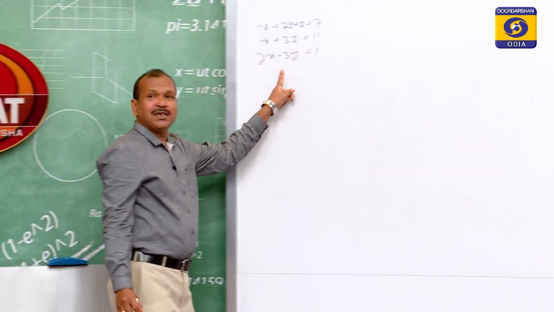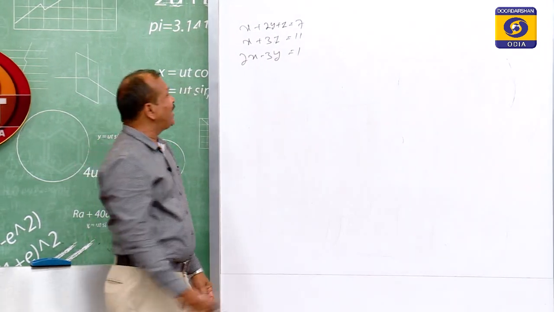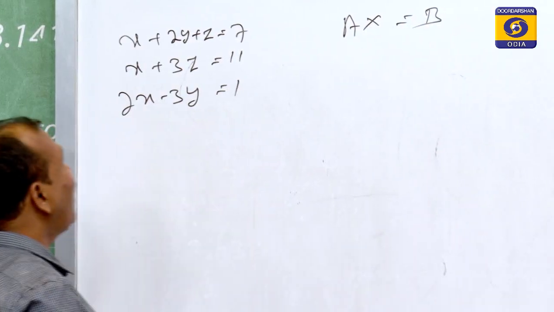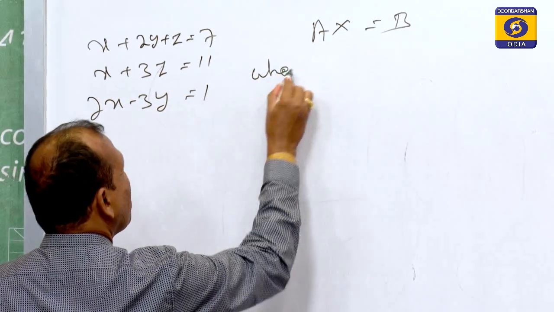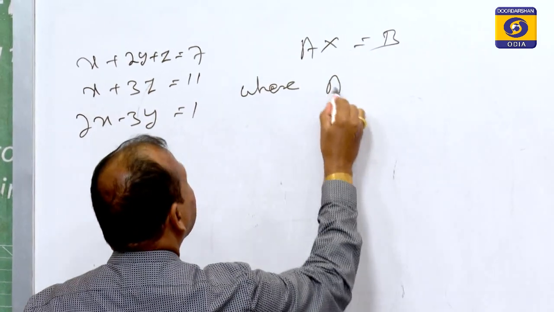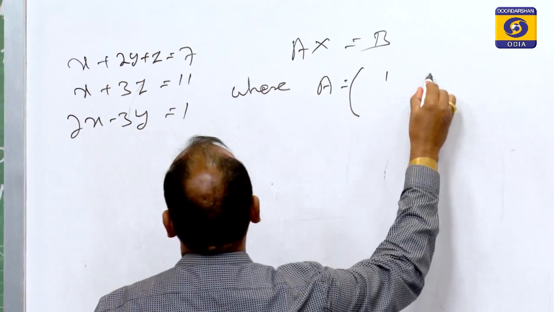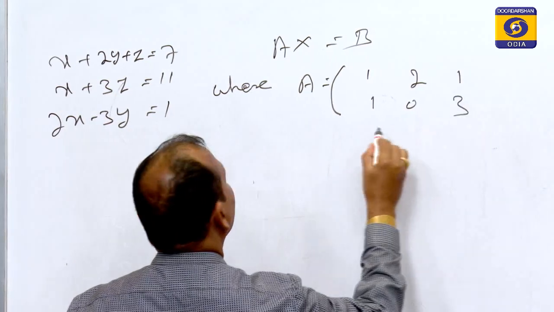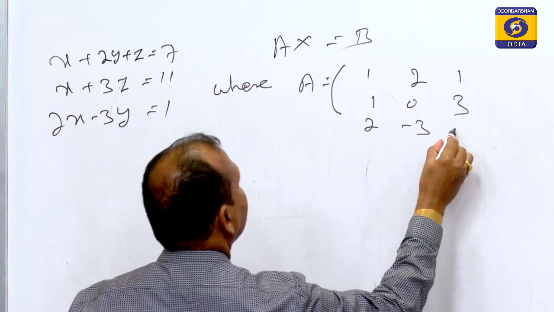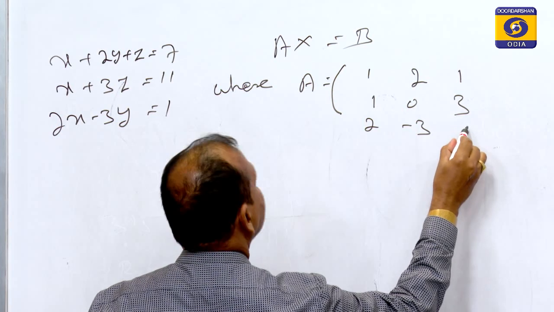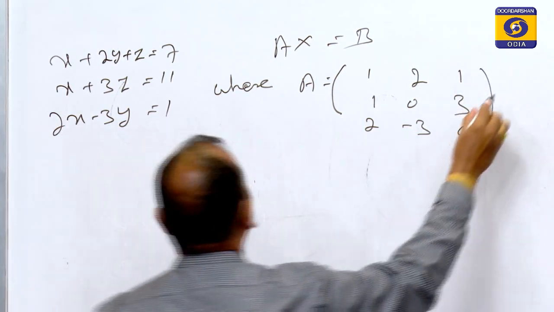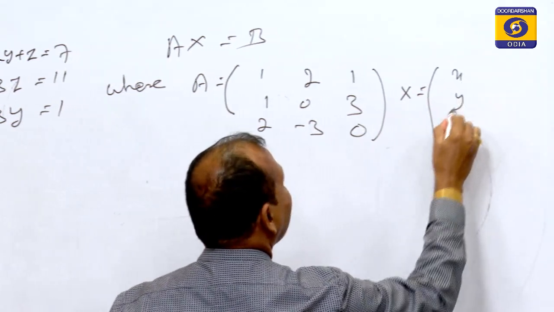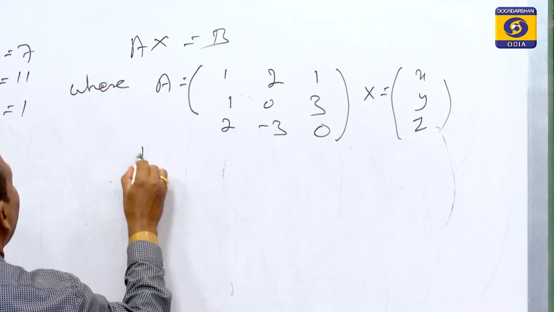Now we convert these equations into the AX is equal to B form, where the A matrix becomes 1 2 1, 1 0 3, 2 minus 3 0, and the X matrix becomes x y z, and the B matrix becomes 7 11 1.